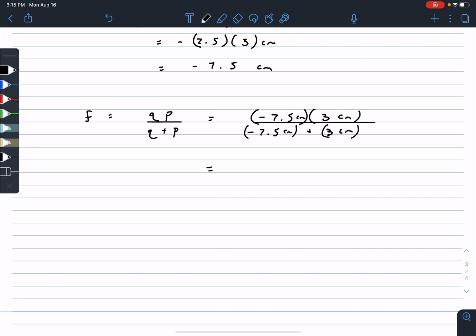If we plug this into a calculator, we get a value of 5 centimeters. This is centimeters squared over centimeters, so that cancels, leaving us with that unit. And I think that's the only thing they wanted us to do. Yep, that's the focal length. That was what we were asked to find.